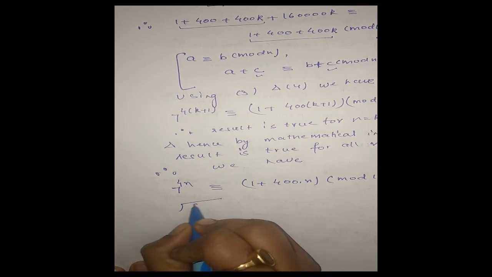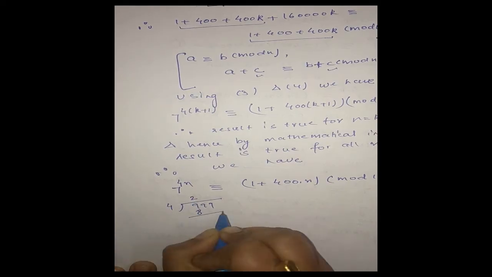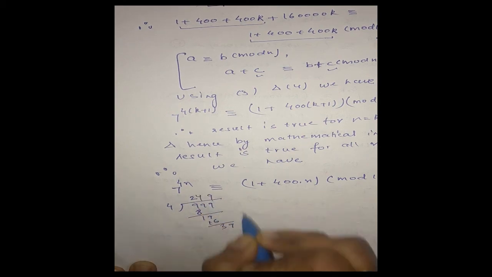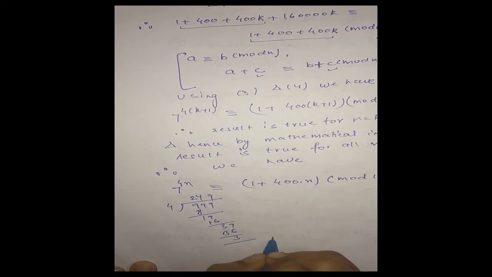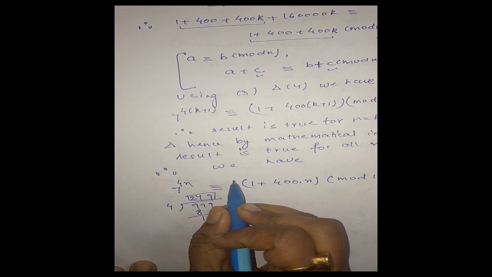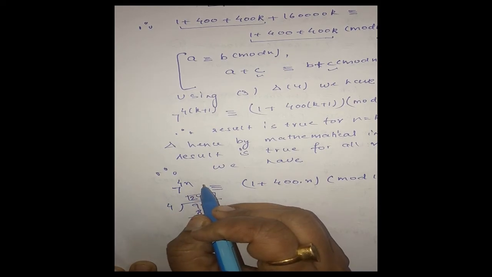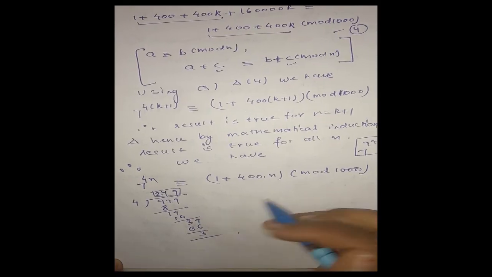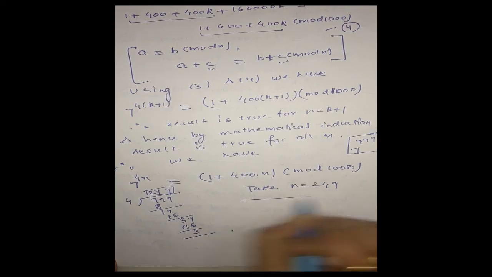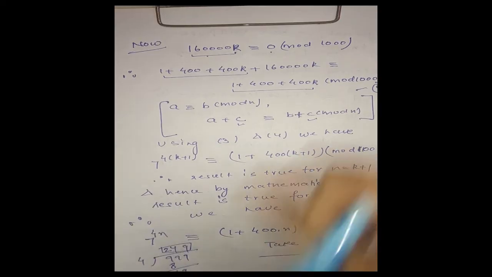On dividing 999 by 4, we get 249, and 3 will be the remainder. Now if I take n to be 249 here, then I have the power of 7 as 996, near to 999. Clear?